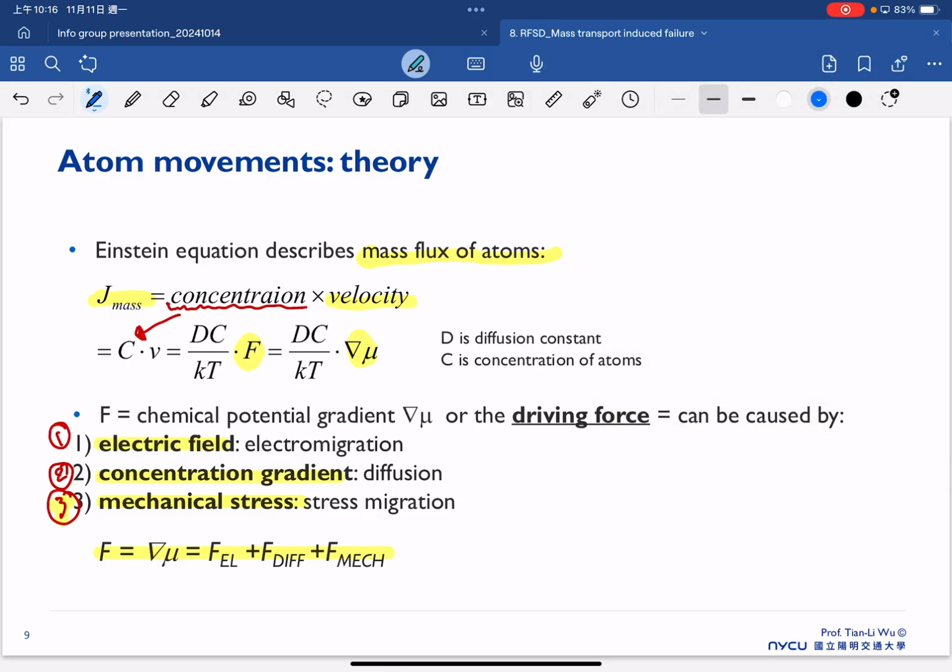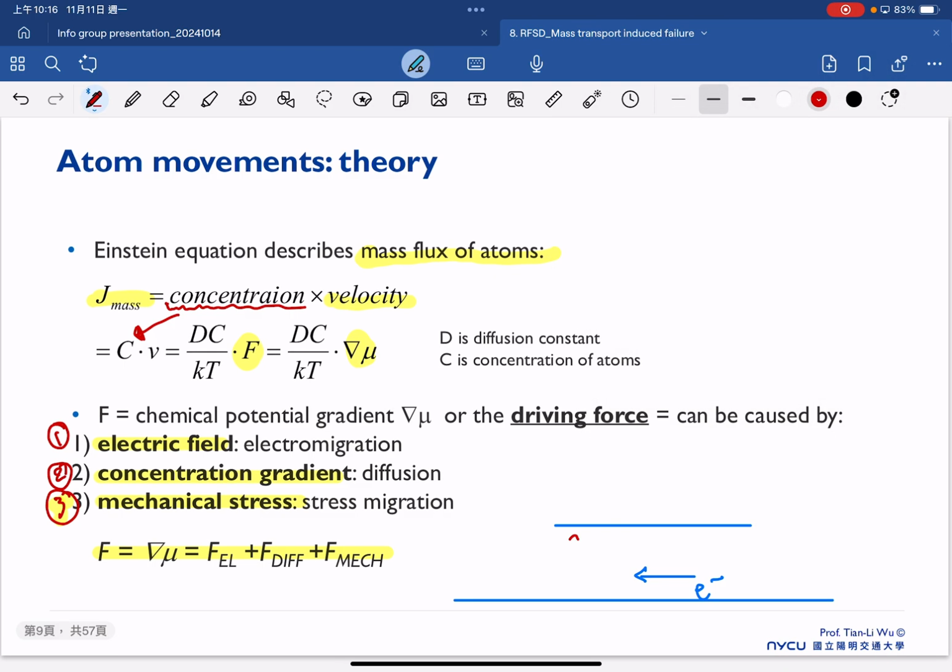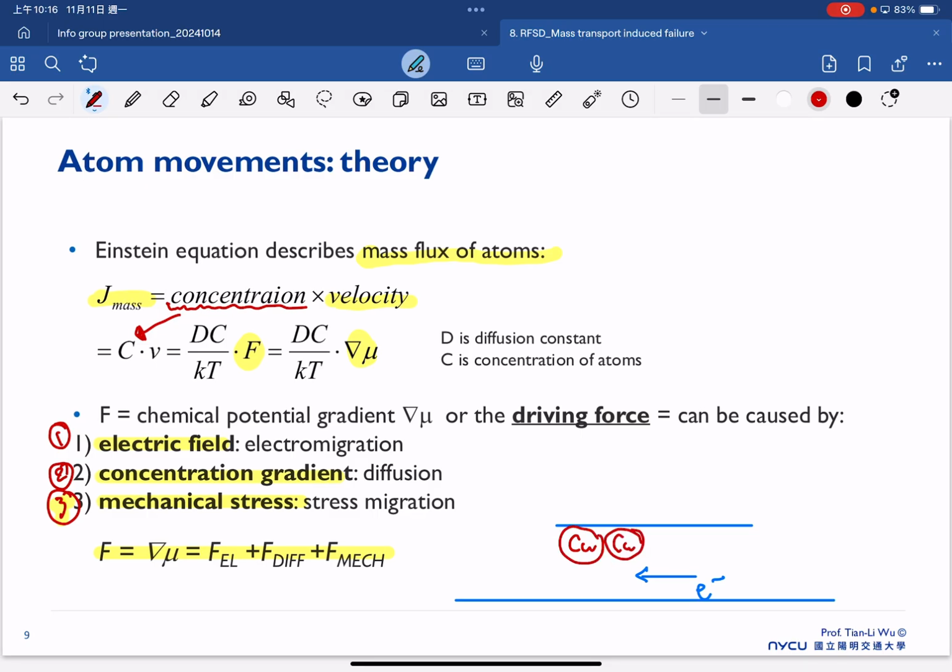If you have one interconnection line here, and as we already know, once we have the electron flow in this interconnection line toward the left, the first thing that will happen is our atoms will be pushed toward the left as well. And this is mainly determined by the electric field. So you apply a large electric field, for sure the large electron flow will push your atoms towards the left. So that's our first driving force.